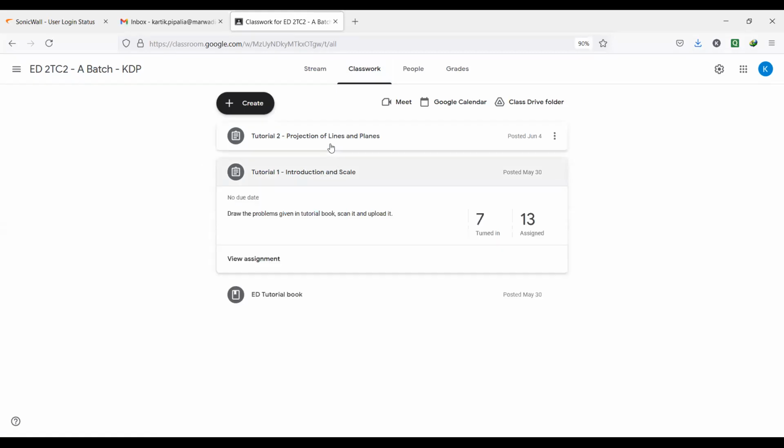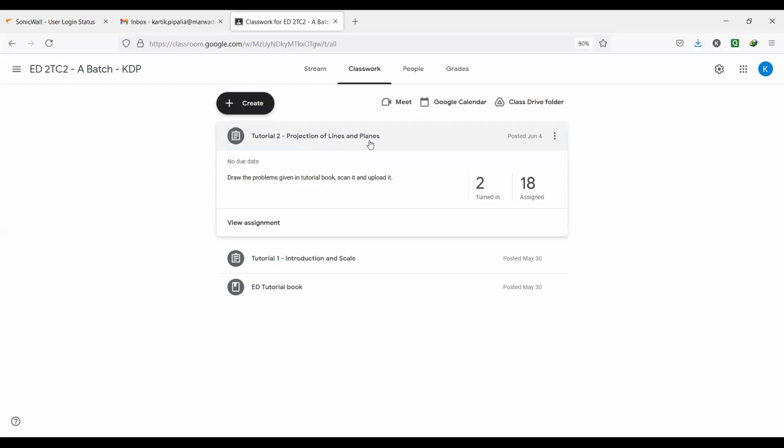Another one is projection of line and plane. The remaining 3 tutorials, for the engineering curve, orthographic and isometric, you need to submit to Saurabh sir, who is conducting your ED lab for the first time during a week.